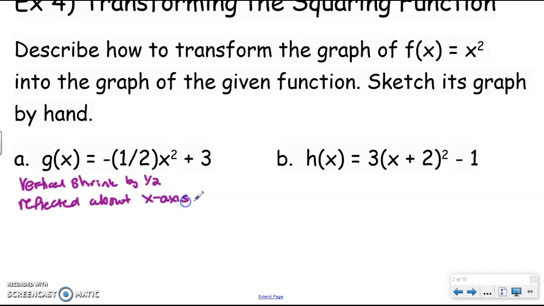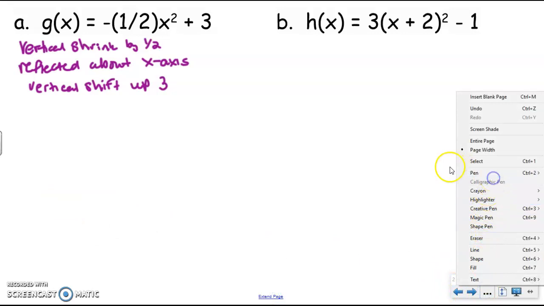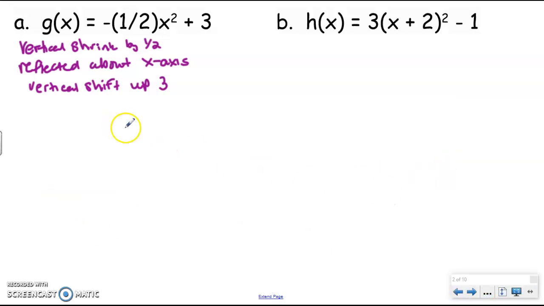That was the other common mistake there. And then we shift, vertical shift up 3. Okay? So again, those of you who did not get the 3 or the 2, it was mostly because you didn't describe the transformation, you just tried to write the equation right away.